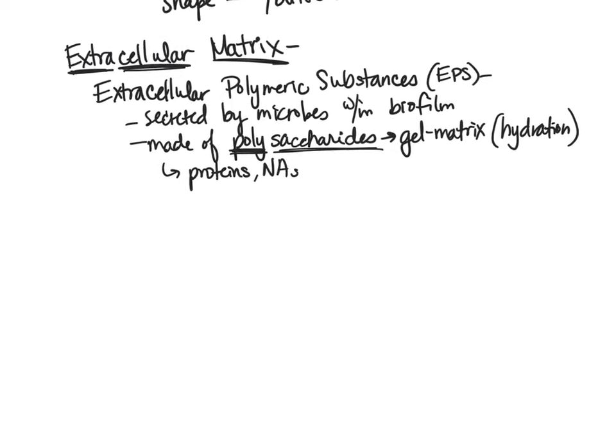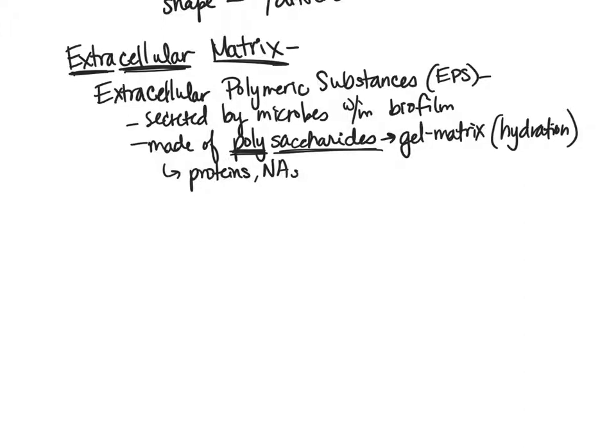So when we talk about the EPS, it actually makes up about 50 to 90% of a biofilm's dry mass. And this is important because what we're talking about here is at least half, and most times more than half, of a biofilm is made up of all of these extra things that are going to just be helping and supporting all of the microbes within the biofilm.